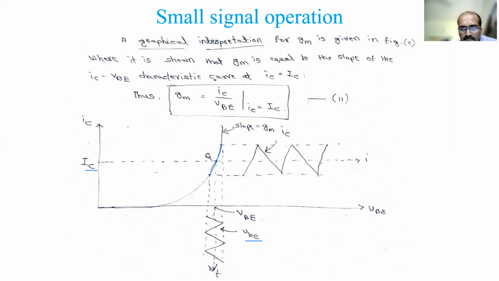It is giving a maximum output voltage swing. This is how transconductance can be represented, and it is nothing but the slope of this characteristic curve, which is IC by VBE. This side you have the IC and this side you have the VBE.